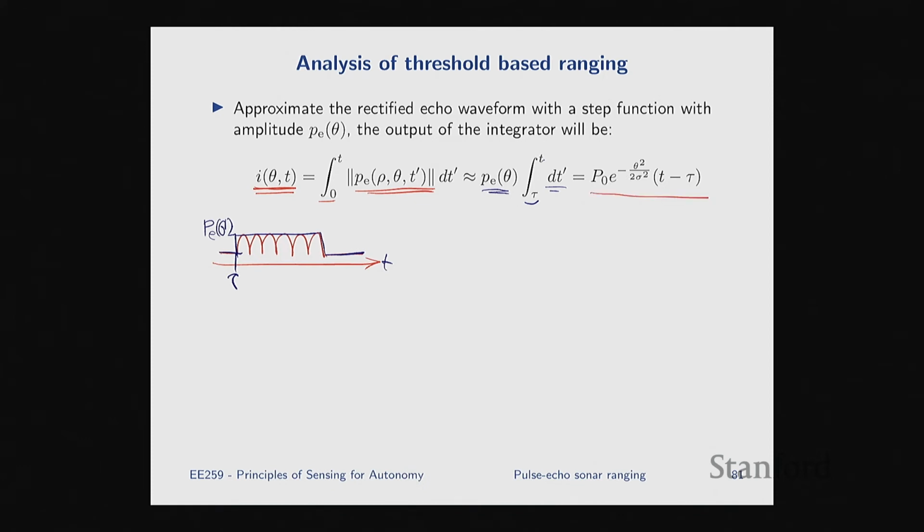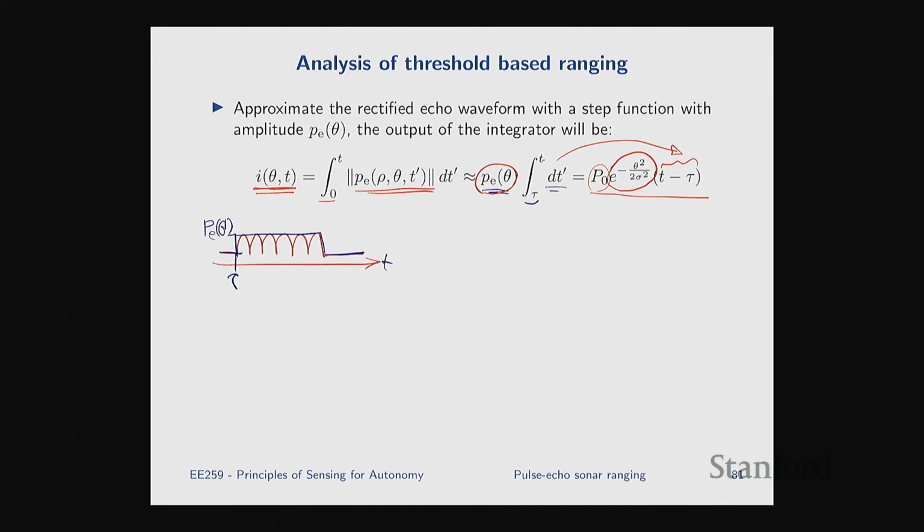P0 is just that constant that lumps in range and geometry and frequency and all that. We have our Gaussian approximation to P echo of theta, e to the minus theta squared over 2 sigma squared, and this t minus tau is basically the integral. So now we have an analytical formula for the output of our integrator.